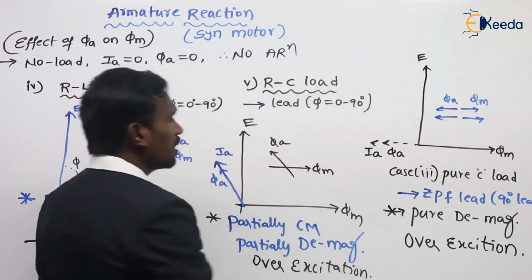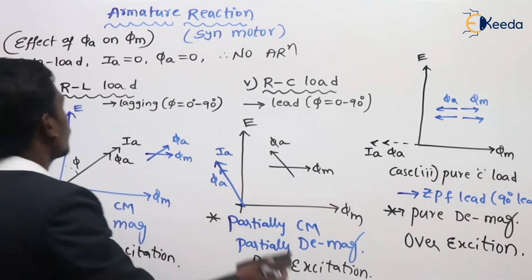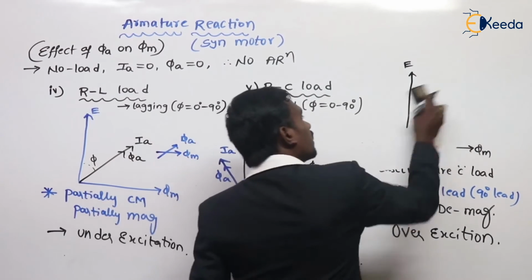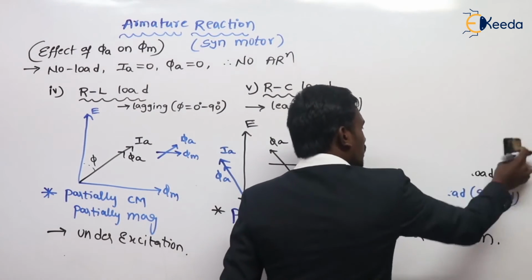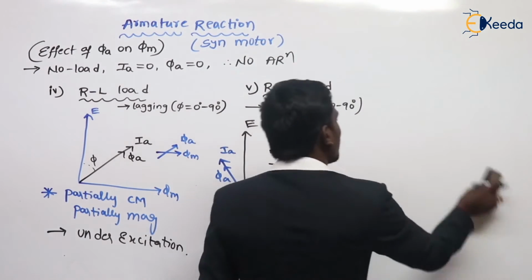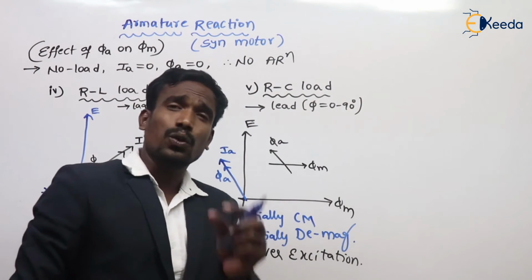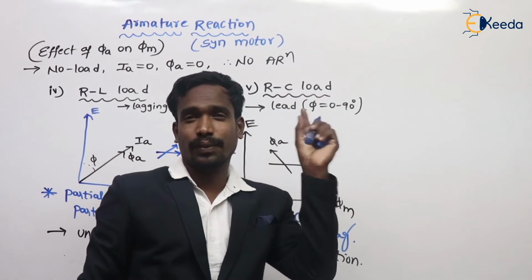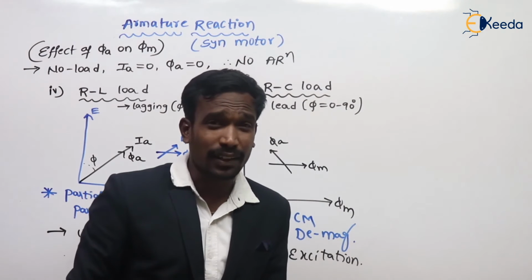This is the armature reaction for special cases 4 and 5. These are the armature reaction points for synchronous motor, which are very important for parallel operation, remember. Are you okay? Getting or not?